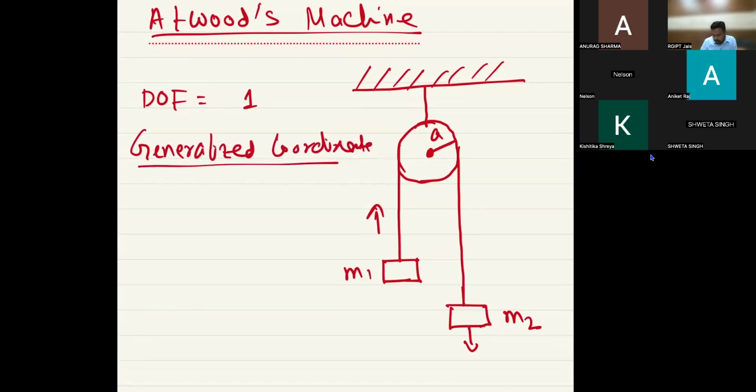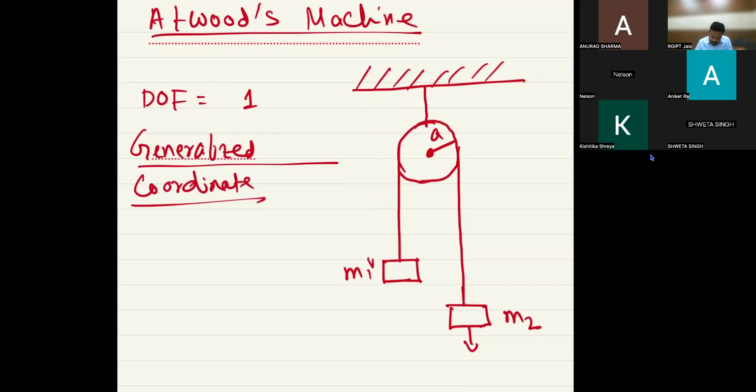Let me tell you how to find the generalized coordinate here. It is not simply y. Let's say the distance of mass M1 from the center of the pulley is x1, and the distance of mass M2 is x2.